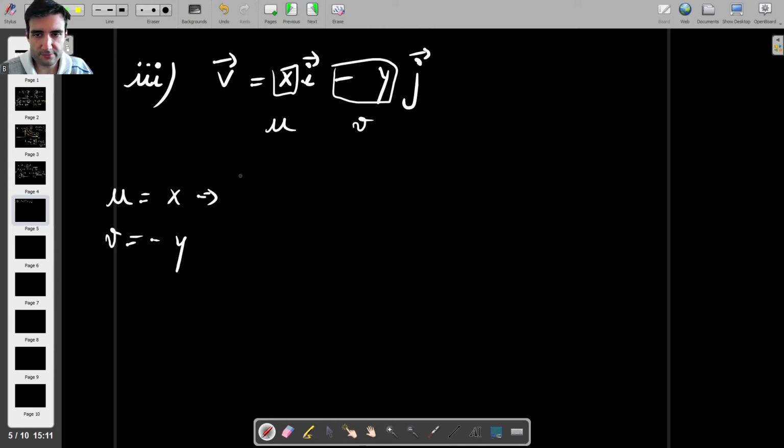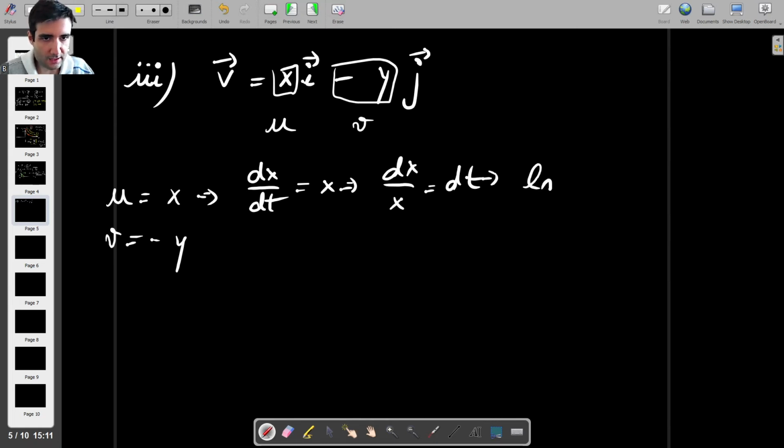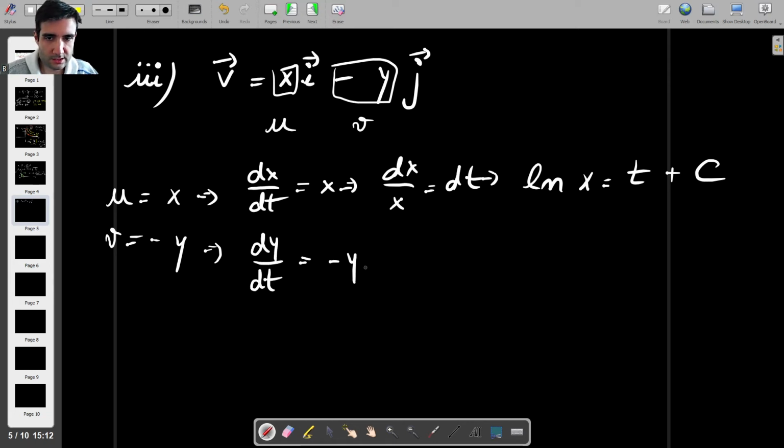So from here, we find that u is dx by dt, which is equal to x. So that gives us that dx by x is equal to dt, which means that ln of x is going to be equal to t plus a constant. And in terms of v equals minus y, we can do the same thing. So v is essentially dy by dt, which is equal to minus y. So dy by minus y, or let's leave the minus here.